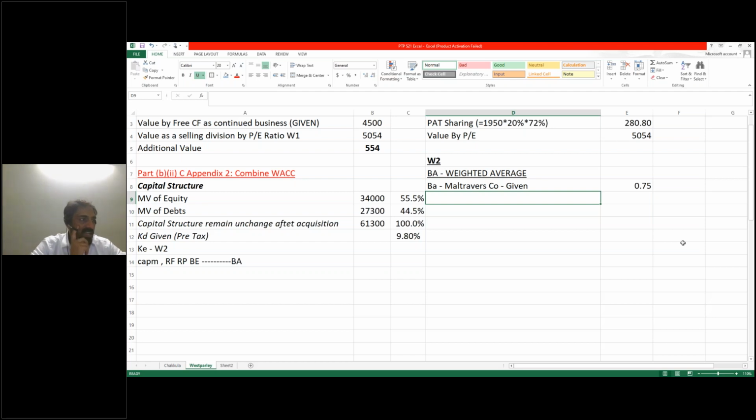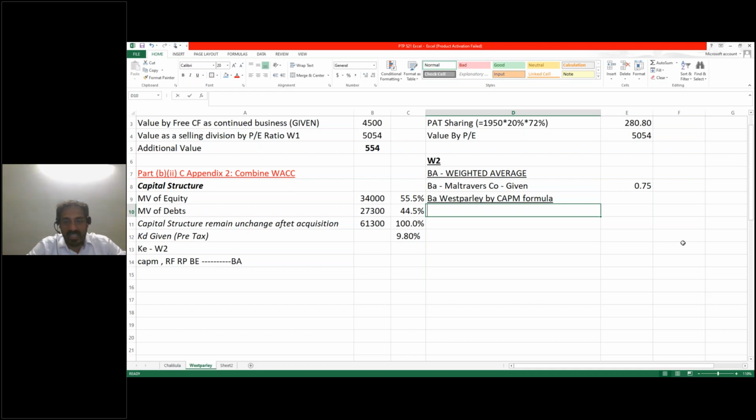Now we need to calculate the beta asset of West Parlay by the CAPM formula. By the CAPM formula, we require to put beta asset, beta equity, all these things.